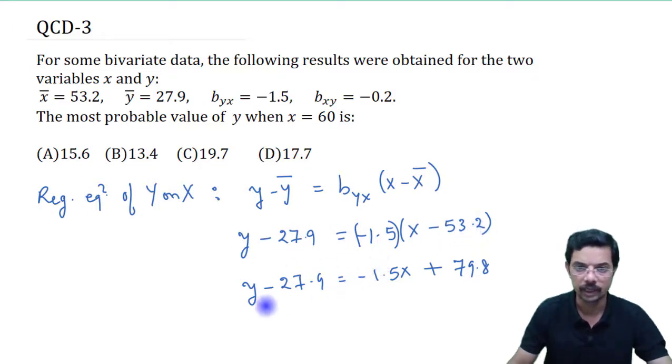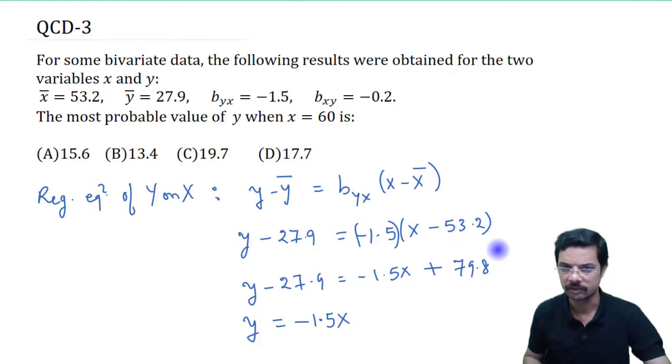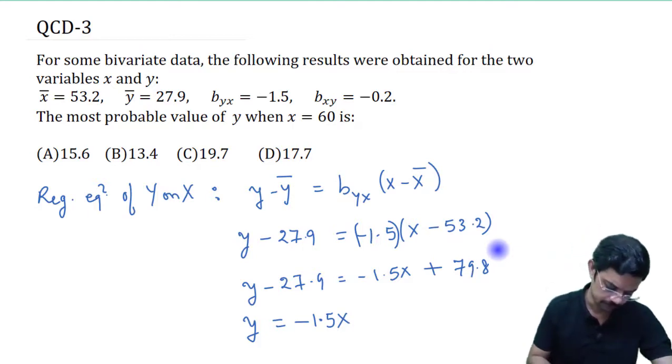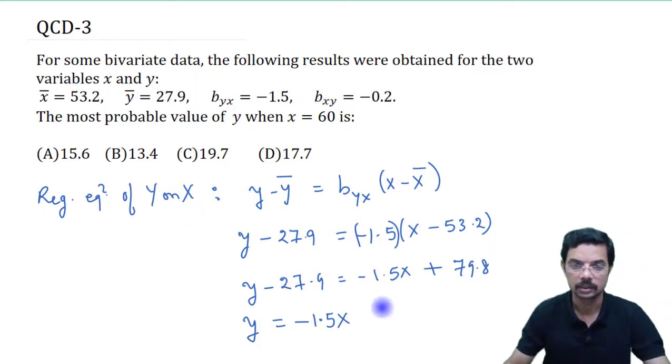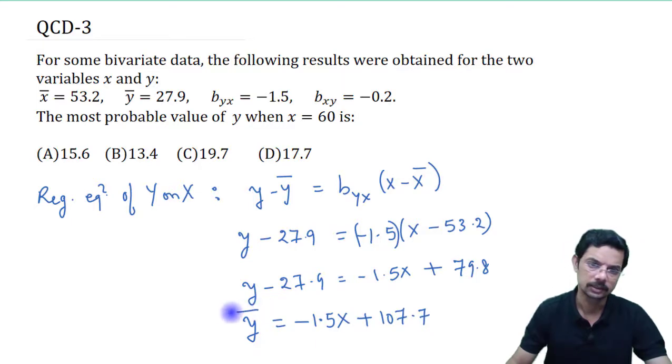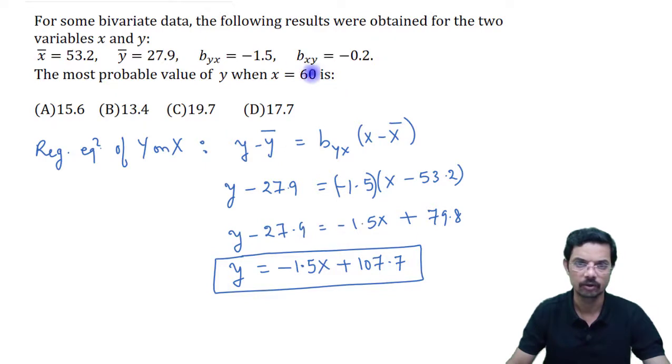So we shall have y equal to something form. y will be equal to minus 1.5 into x, then this goes to that side and gets added with 79.8. So 79.8 plus 27.9 gives 107.7. So y equals minus 1.5x plus 107.7. This is the regression equation of y on x. In this equation, we need to put the value of x as 60.